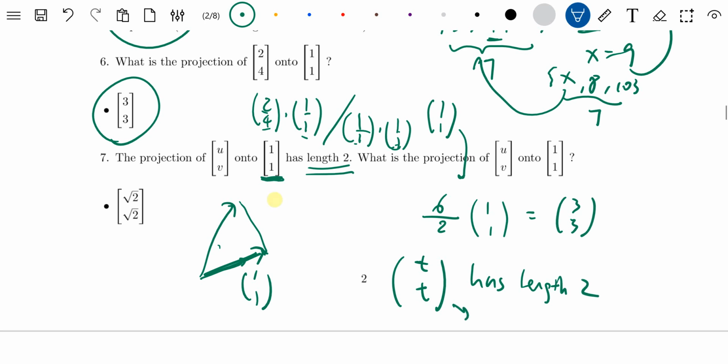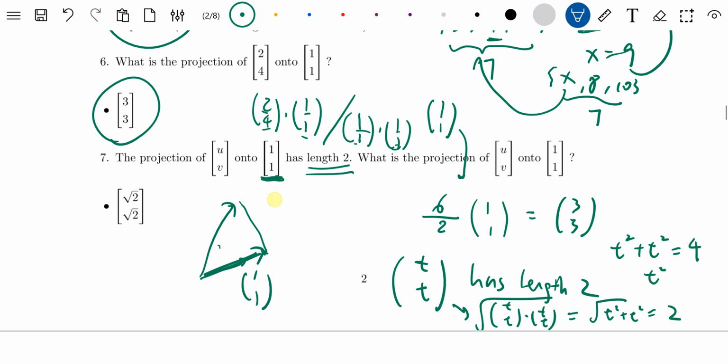So what's the length of this? It's just the square root of t, t dot t, t, and this is square root of t squared plus t squared is 2. So basically t squared plus t squared is 4. So t squared is 2 and t is square root 2. So that's how we get square root 2 and square root 2.